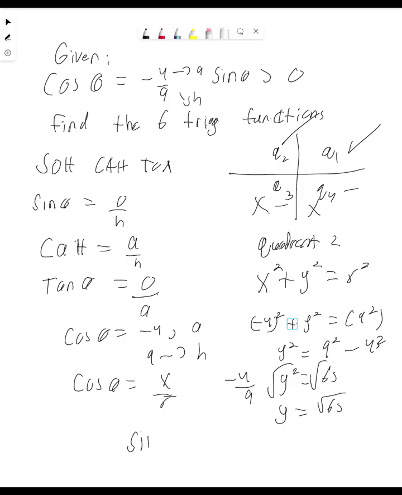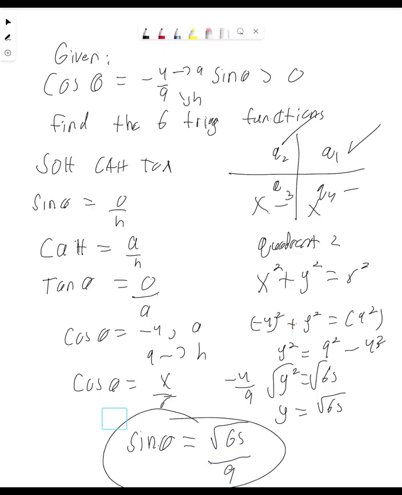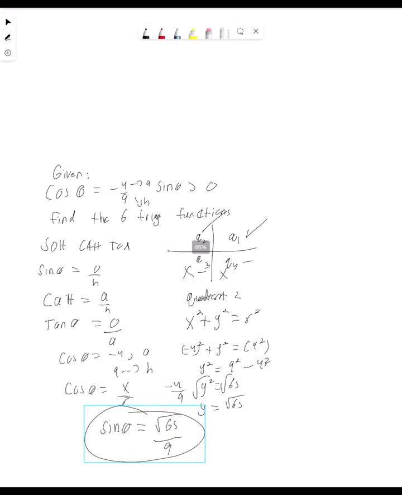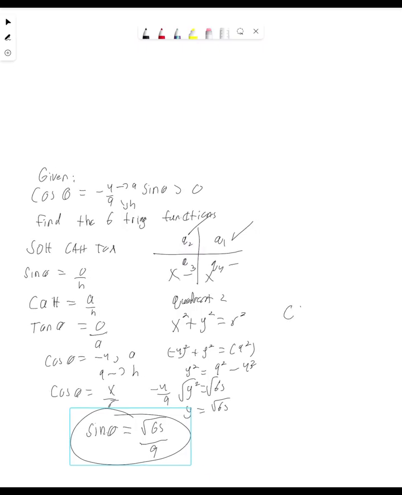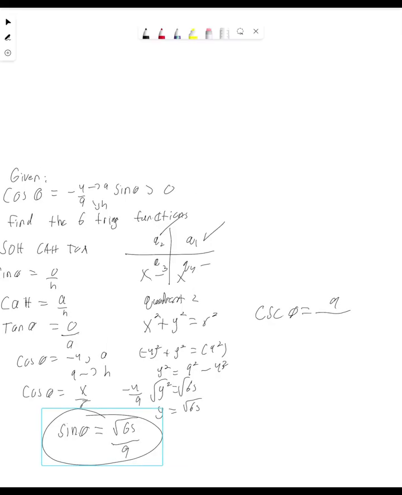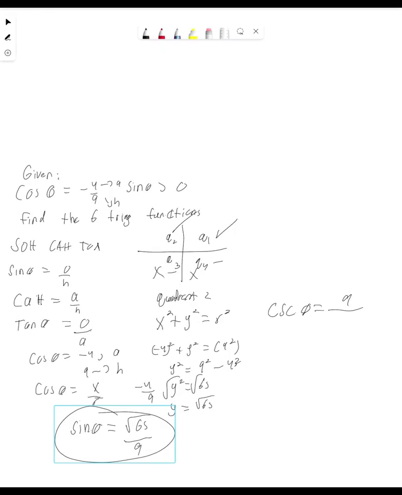So now we can go ahead and get sine of theta. Sine of theta equals y divided by r, square root of 65 divided by 9. This is sine of theta. Great. Now we can get cosecant of theta, which is just this flipped, which is r divided by y.